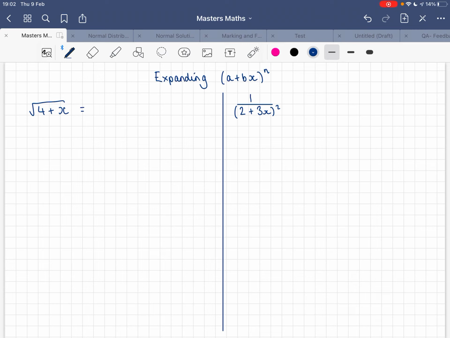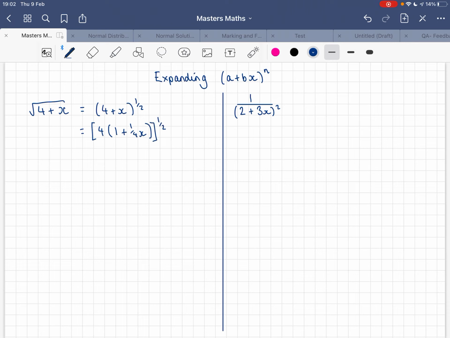But just a couple of things to bear in mind when you do that. So hopefully we know that root of 4 plus x is 4 plus x to the power of a half. And then the 4 inside of that bracket is the problem. So what we want to do is factorize it out of that bracket, leaving us with 1 plus a quarter x, or x over 4, and that is all to the power of a half.